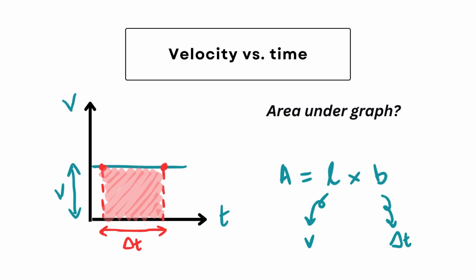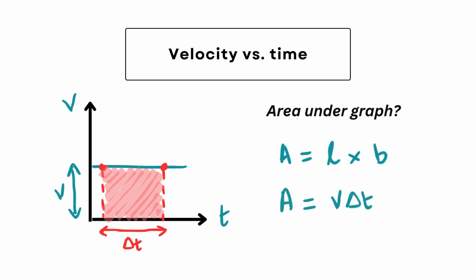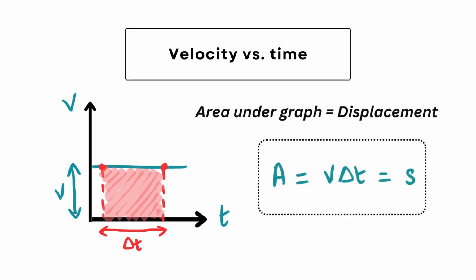If we combine the two, we get a result that claims that the area equals velocity multiplied by time interval delta t. This is nothing but a rearranged version of displacement, which helps us conclude that for a velocity versus time graph, the area underneath the graph actually represents displacement. And this conclusion is so special, in fact, that it's true for any kind of shape out there.